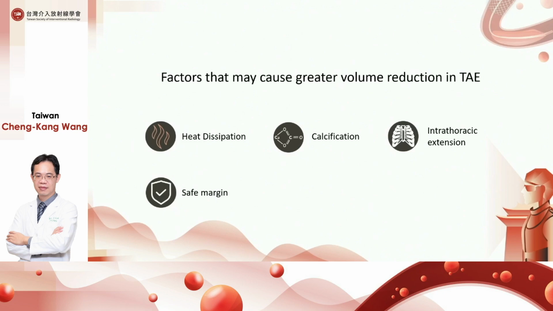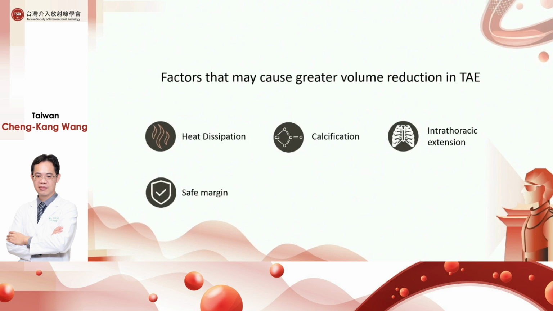However, RFA ablates tissue through heat, which can be limited by heat dissipation from blood flow, potentially affecting the final therapeutic outcome. The effect of RFA is further influenced by the presence of calcification within the nodule.